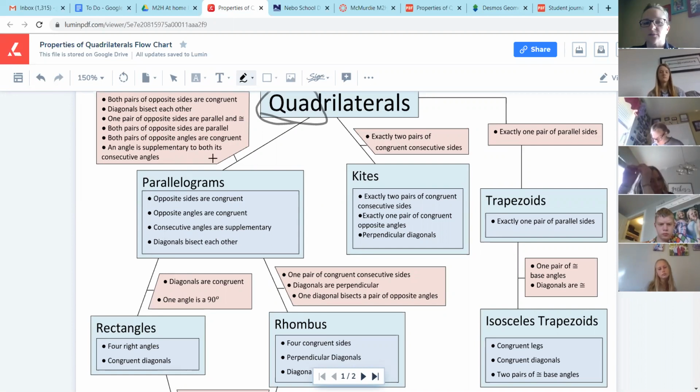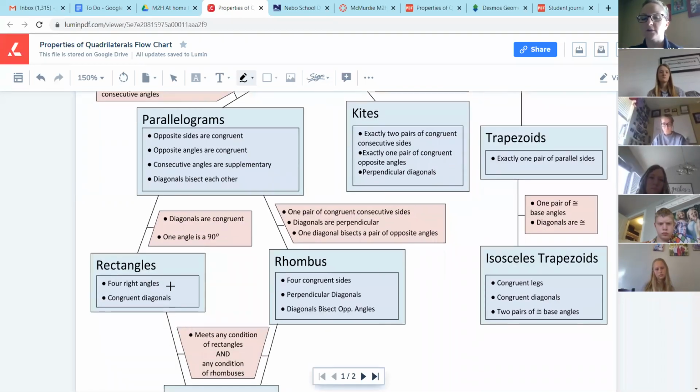So quadrilateral is super broad. That encompasses a lot. Parallelogram is a little bit more specific. It's actually pretty specific. I mean, a quadrilateral is anything with 4 sides. So parallelogram is pretty specific. But then rectangle and rhombus are even more specific.